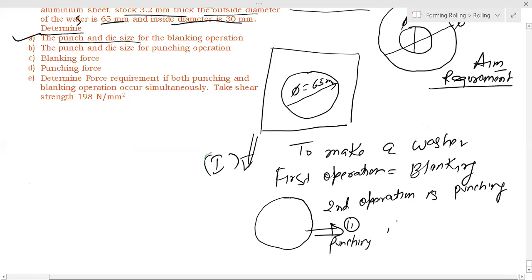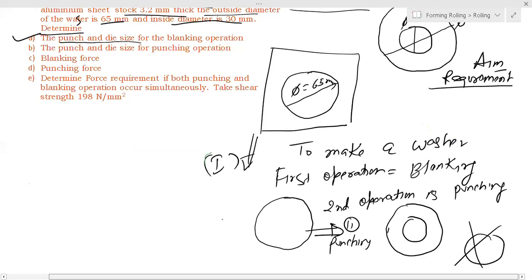You have to remove this, right? This is your waste and the hole is your product. So finally, first this blank is the product, and second the hole is your product.